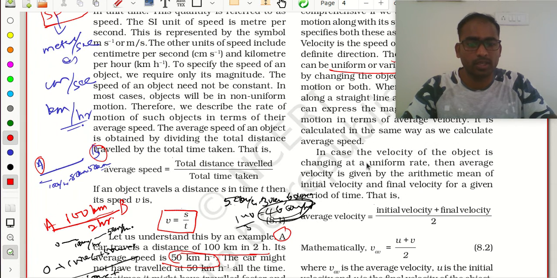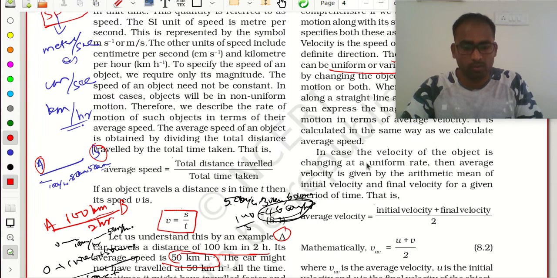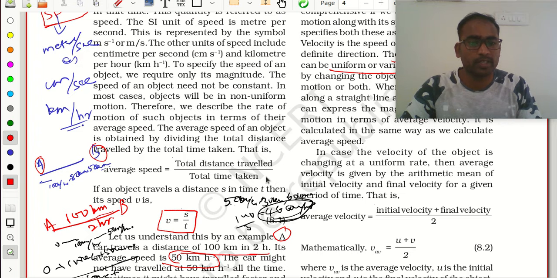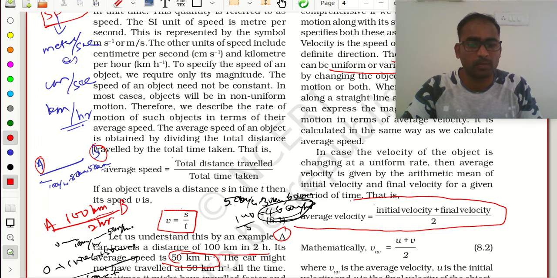Now, if the velocity of an object is changing at a uniform rate, then what will be the average velocity? The average velocity will be its initial velocity plus final velocity upon 2.